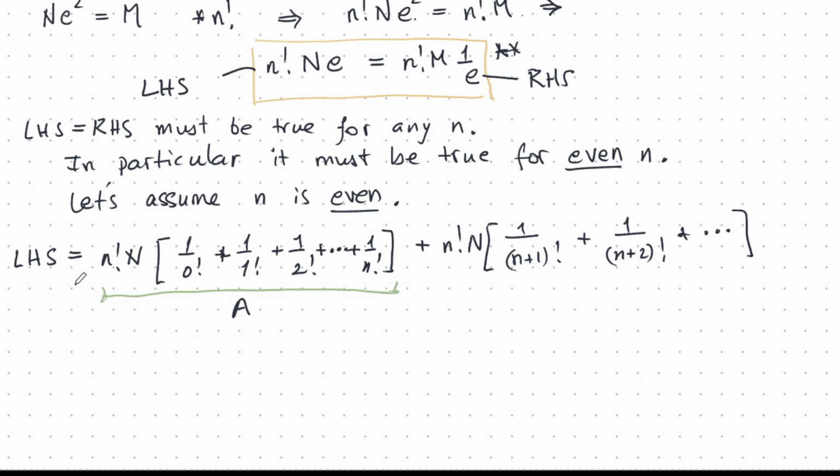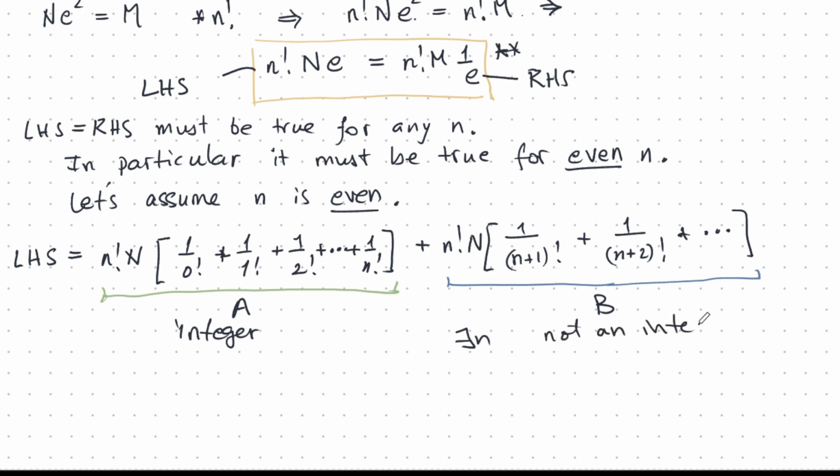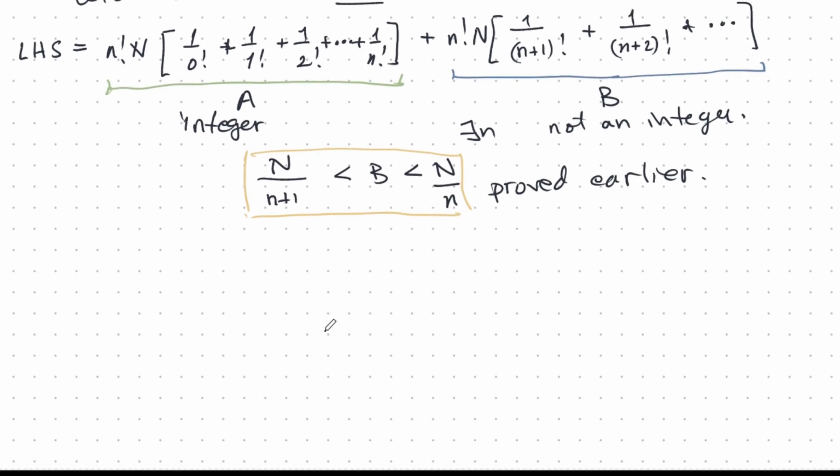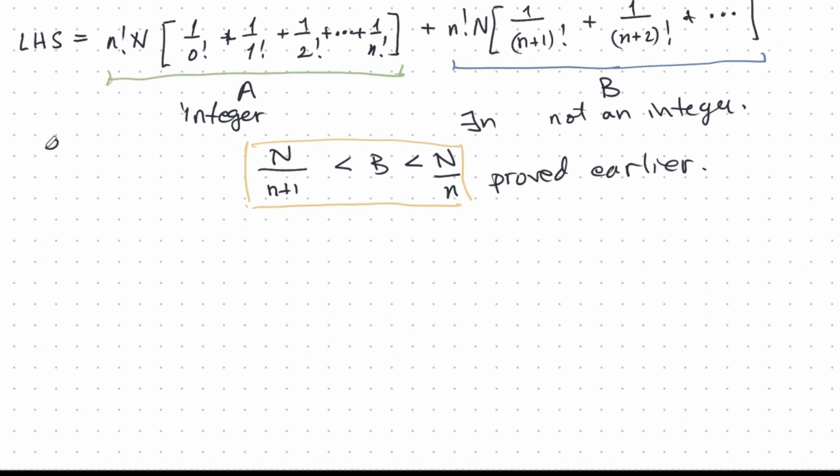This we called a, and this we called b, and we proved that this was an integer, and we proved that this is not an integer. For some values of n large enough, this is not an integer. And we proved this earlier, and now you see why we had to do the proof e is not in Q, because it contained many ideas that we're using now.